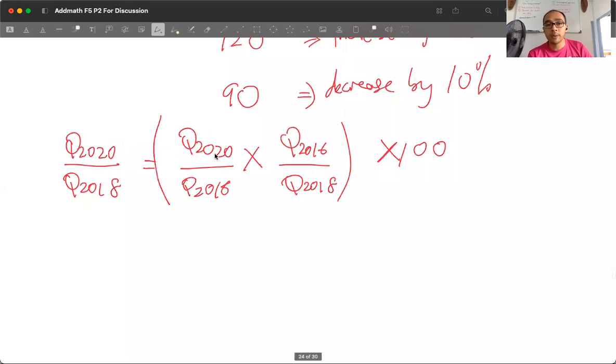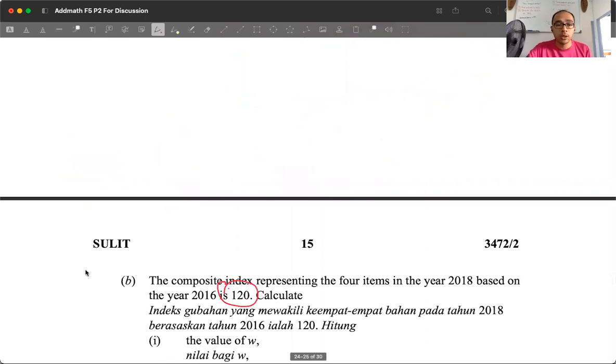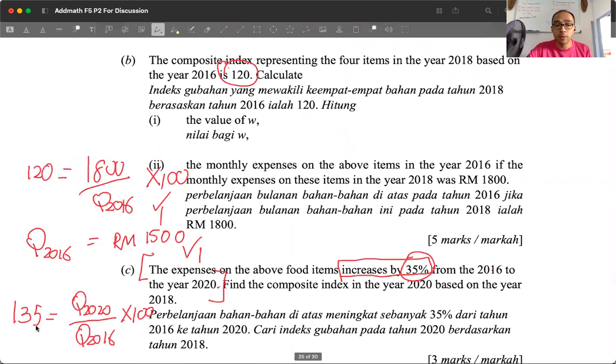Okay, I don't remember whether you remember this chain rule, tapi ingatlah, ini chain rule lah, 20-20 di atas, 20-18 di bawah, and then yang menghubungkannya adalah the base year. The base year is the one that connects it all. So we have Q 2020 to Q 2016, which is 135.